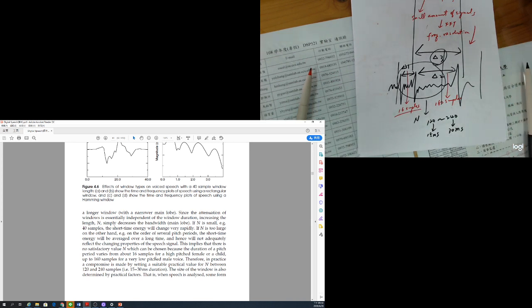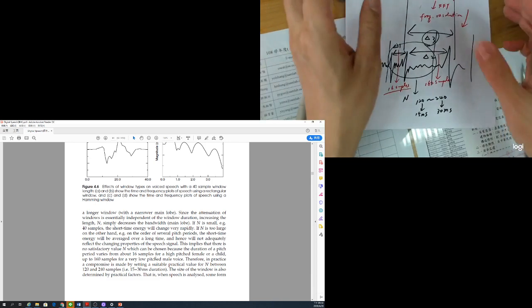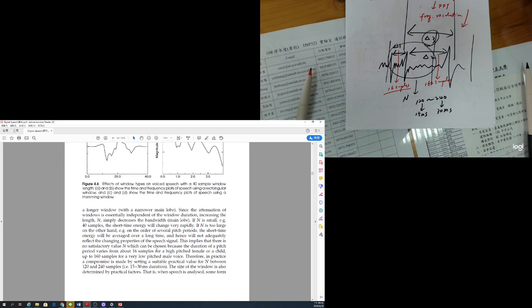Because we try to do speech encoding, we have to do some windowing, so the speech frame covers sufficient information for us to build the model. Later on, we have to build the short-term prediction and long-term prediction. We hope the speech data inside the frame is sufficient to build the model. So this is the physical meaning here.